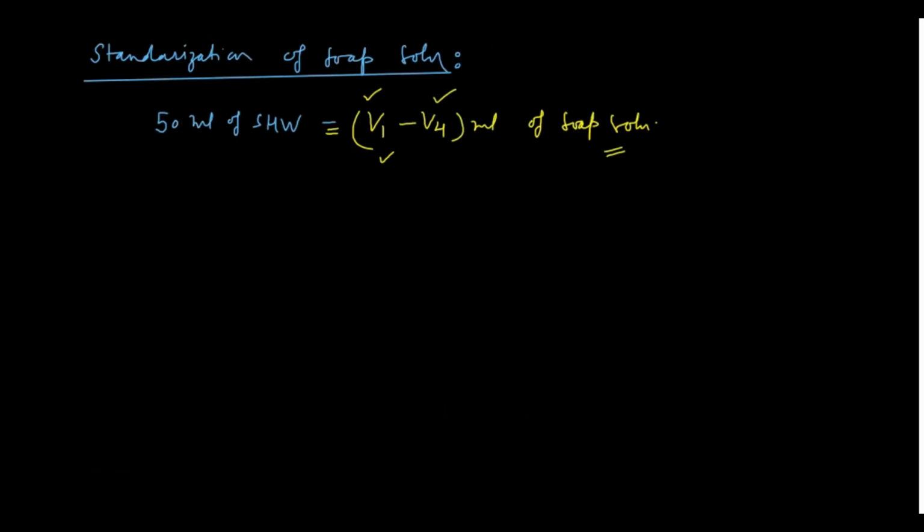The method is very important. So I can write like that. What actually it implies is that V1 minus V4 ml of soap solution is actually equivalent to 50 milligram of CaCO3 equivalent.